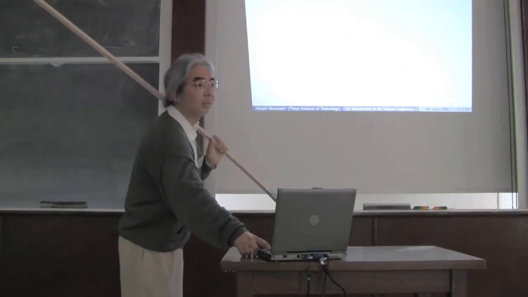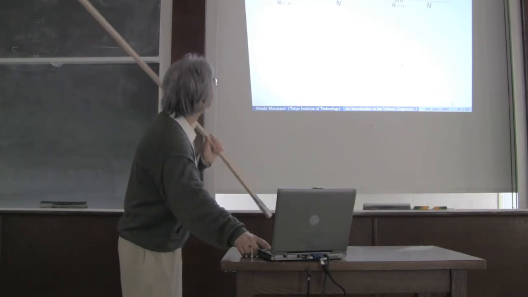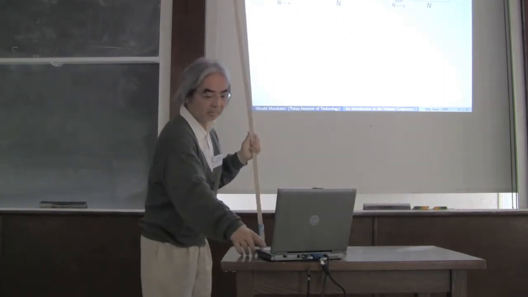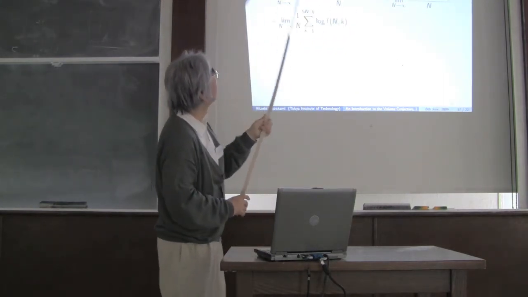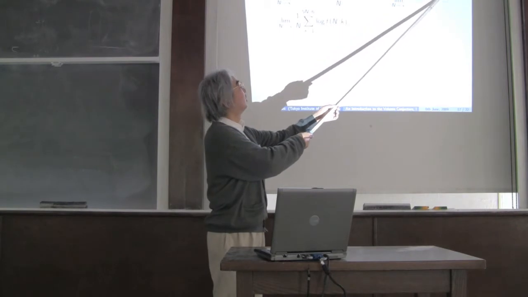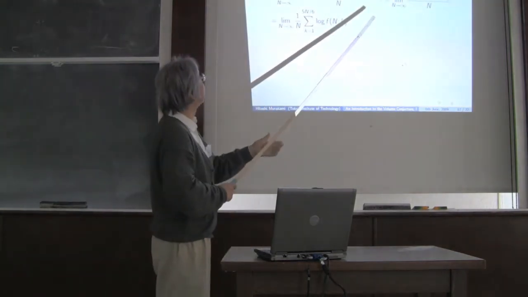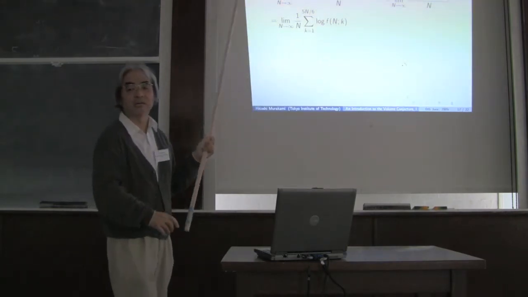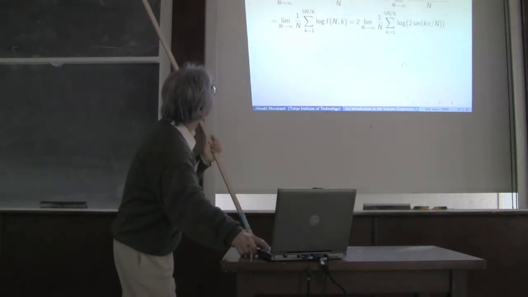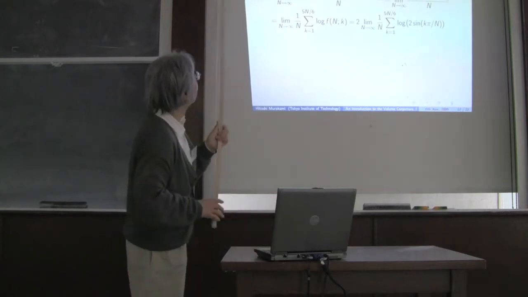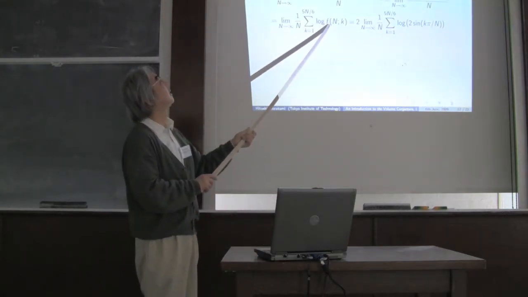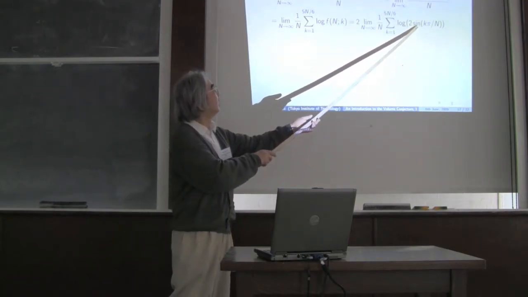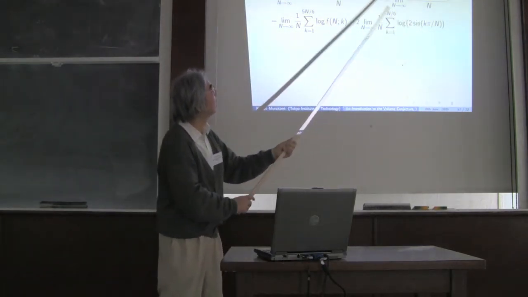So now what we have to do is to calculate this limit. G is a product of F functions, so if we take log, it is a sum of logs of F functions. Remember that F is a square of sine function, so it is just a log of twice sine k pi over n.